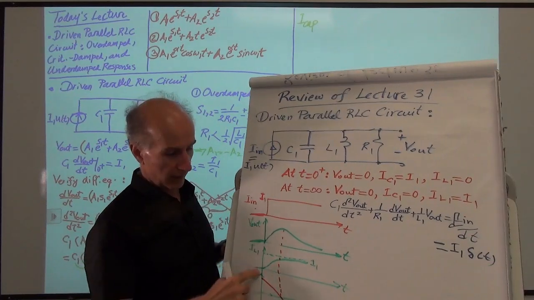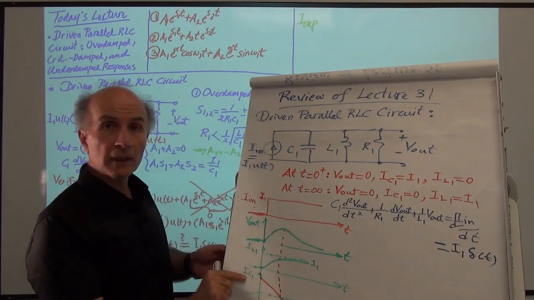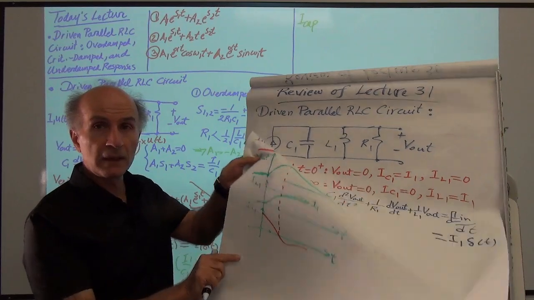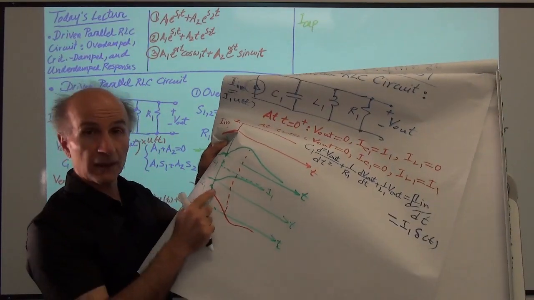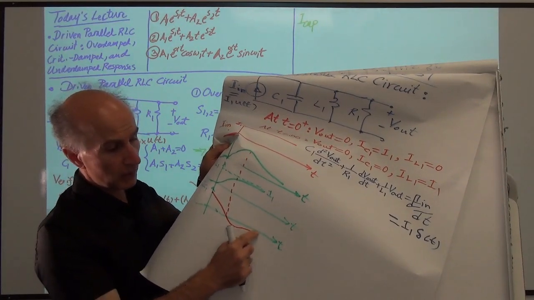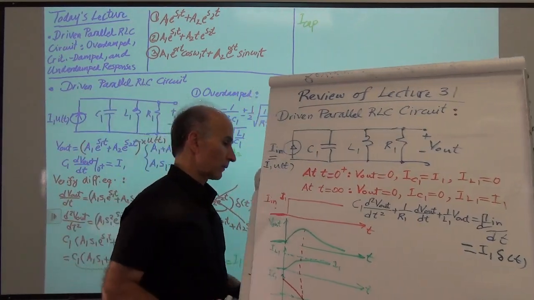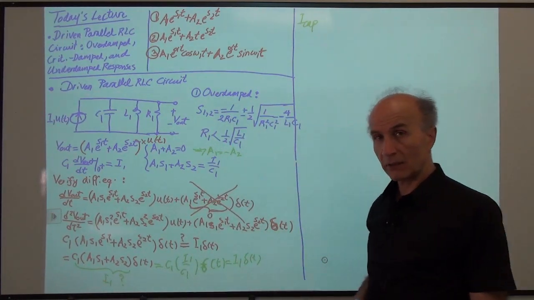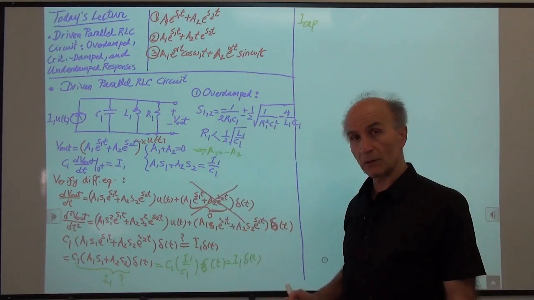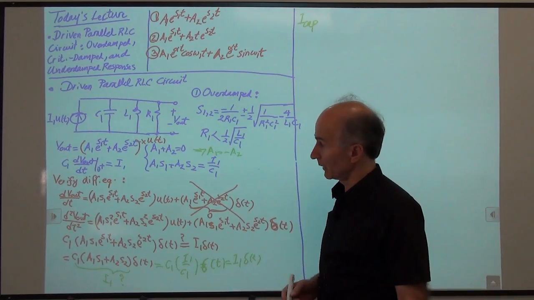It looks like this, right? We should raise this a little bit. So the capacitor current looks like this. It goes down, dips below 0, and then comes back. So we want to see how we can derive the equation for the capacitor current given what we have obtained so far.